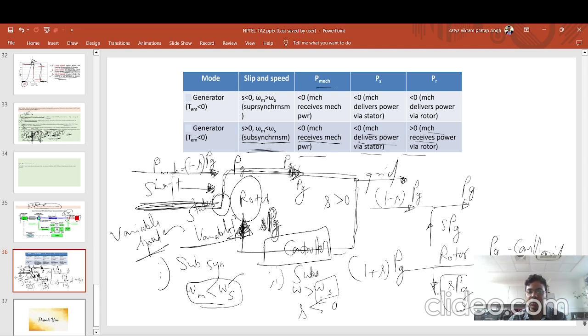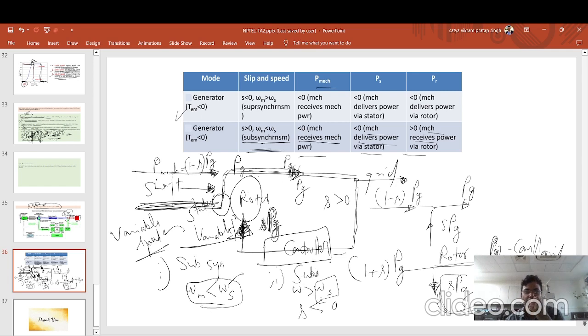Extra SPG should go from this controller to the grid side. Okay, so on the rotor side, the constant power is being maintained. On the stator side, the Pg is maintained by injecting the extra SPG from the rotor side. So this is the concept of the generator unit during the subsynchronous and the supersynchronous conditions.